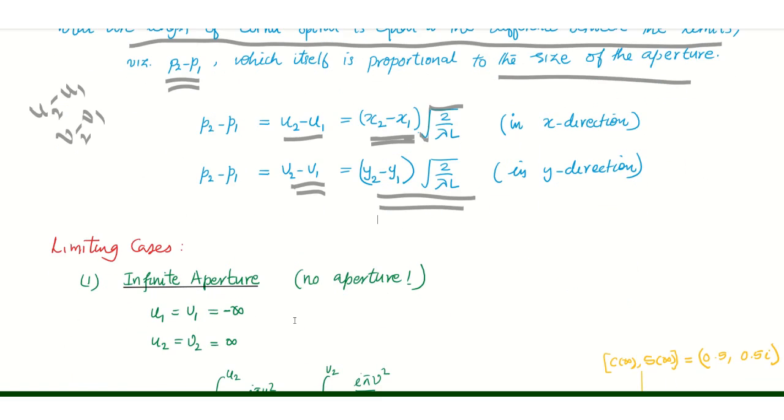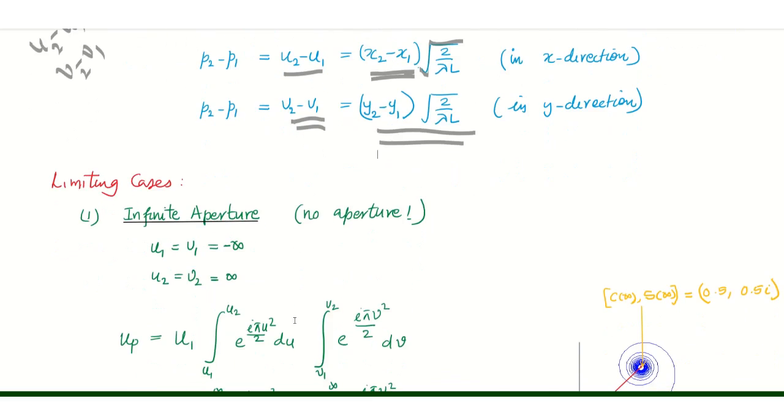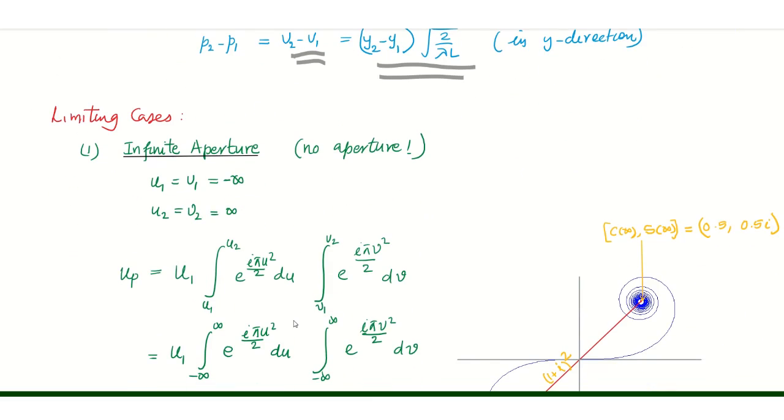Now we are going to consider a limiting case. I use an infinite aperture. There is no sense in it, since it is equivalent to no aperture.